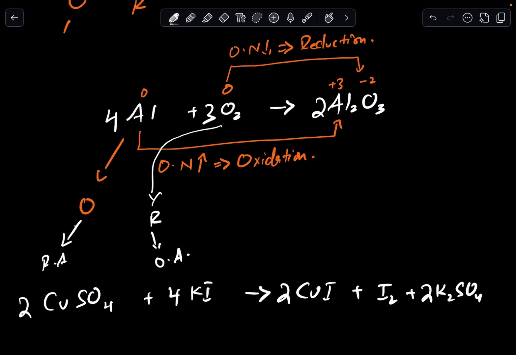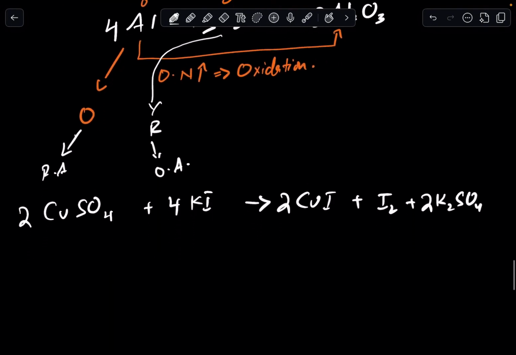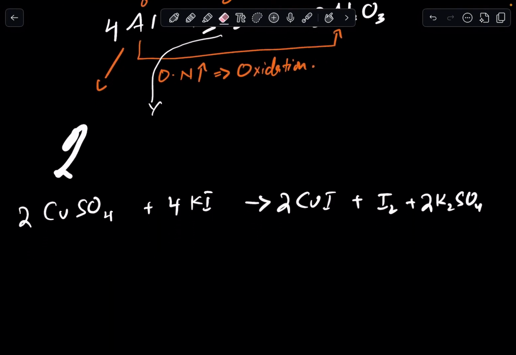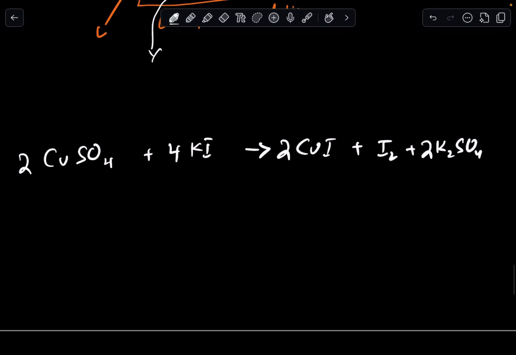Okay, let's talk about the other example. In this case, copper has +2 charge, and it has -2, it has +1, it has -1, and it has -1, so it must be +1. Or you can simply find out if you don't know how to find out.